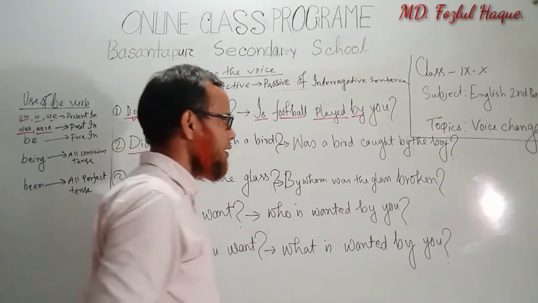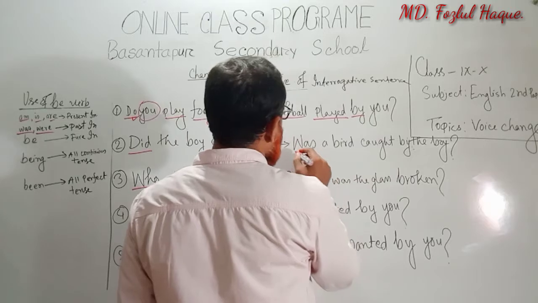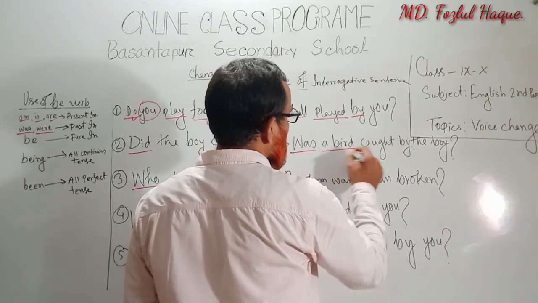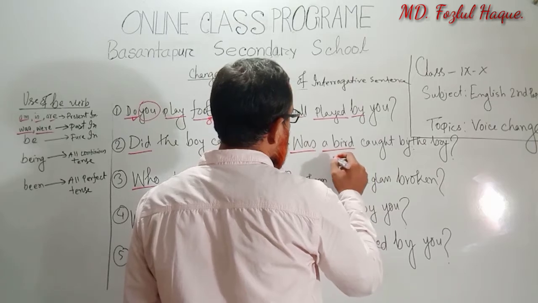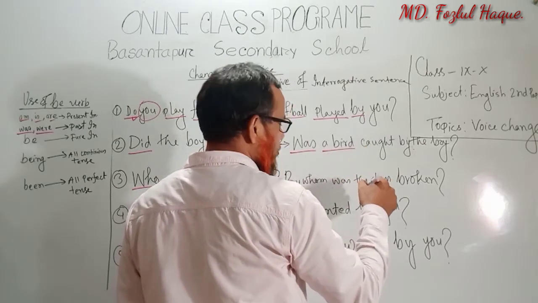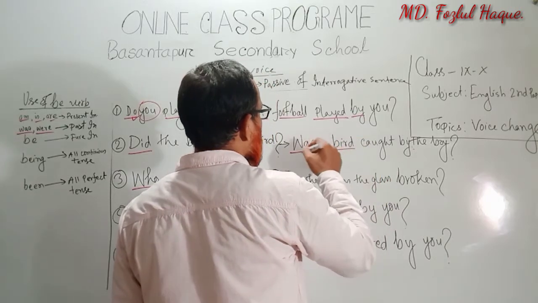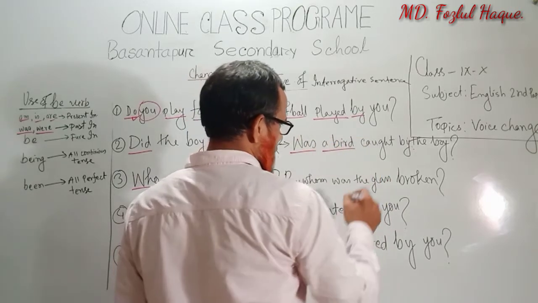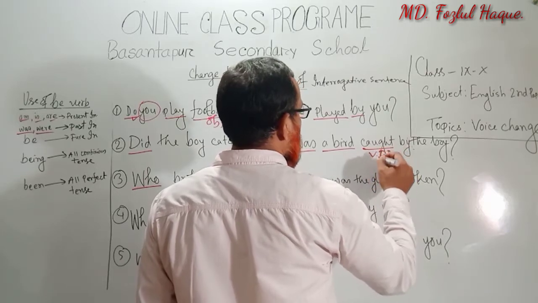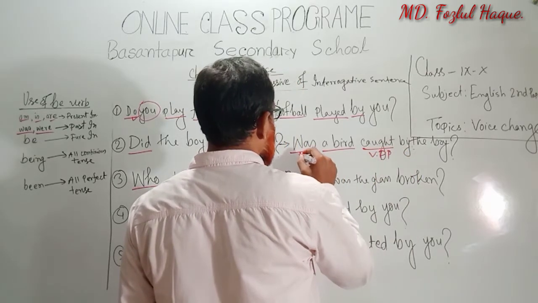So we take was. This is a verb, singular, used for a singular subject. So before a singular noun or pronoun we use was, and the main verb is past participle, verb pp, and be verb.